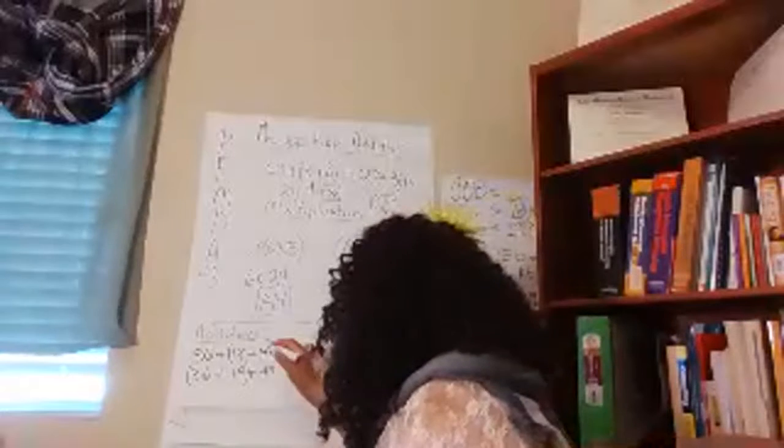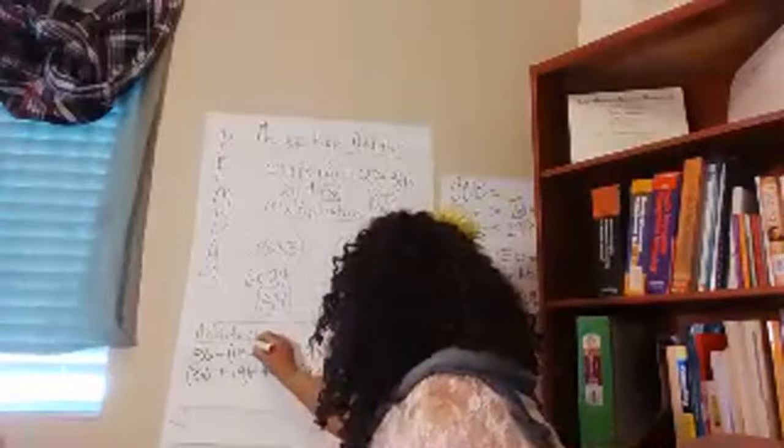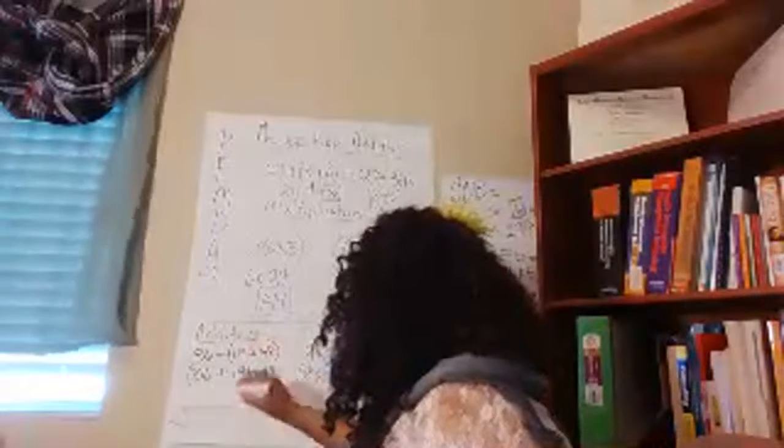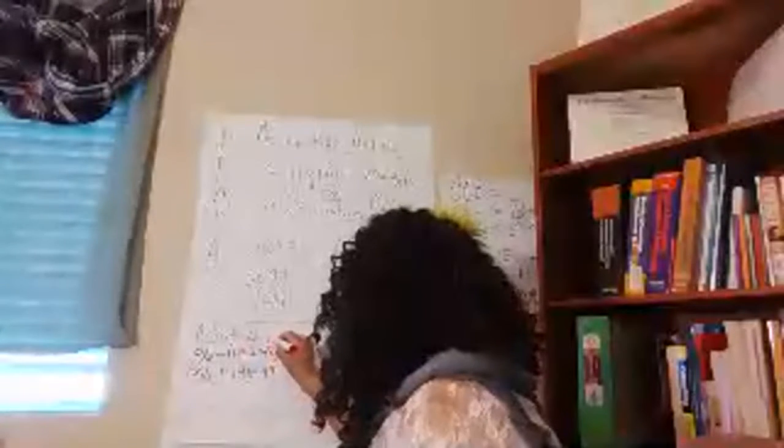Addition. 19 plus 48 equals 67. I came down and dropped 36 plus. My total came out to be 103. I came to the right, 36 plus 19 is 55. I dropped the plus 48. My total came out to be 103.